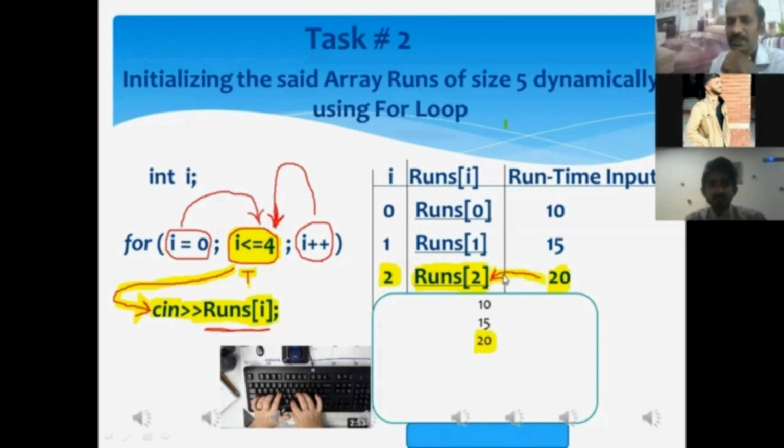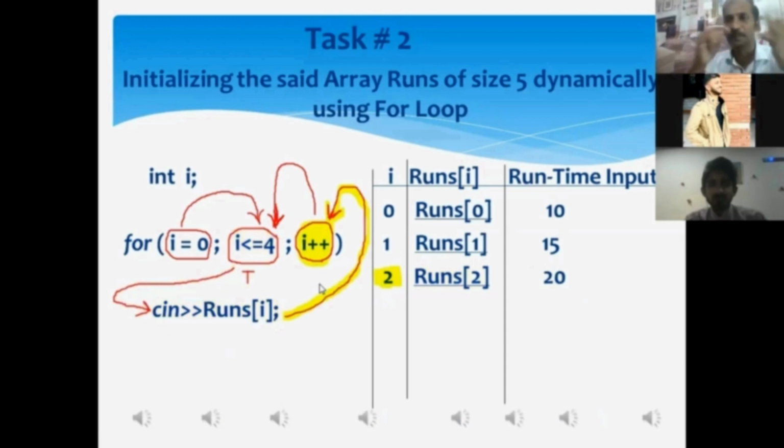Yes, another question over here, my dear. After the execution of the scanf statement, the for loop associated statement, the control of execution will be shifted to which statement? Sir, increment statement. Okay, your answer is correct, my dear. Do tell me, what is the current value of I in the memory?